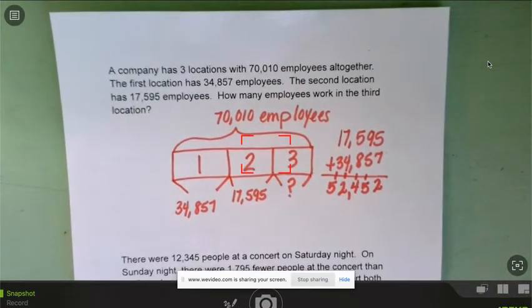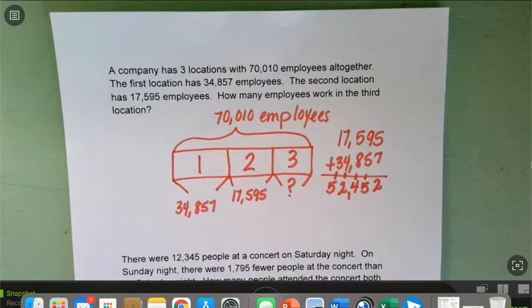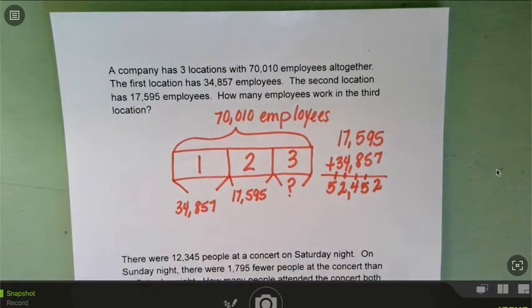Okay, so when I use the standard algorithm, I found that these 2 parts together are equal to 52,452 employees. Now I'm trying to find this missing part. So I know that these 2 parts together equal 52,452 and my whole equals 70,010 employees.